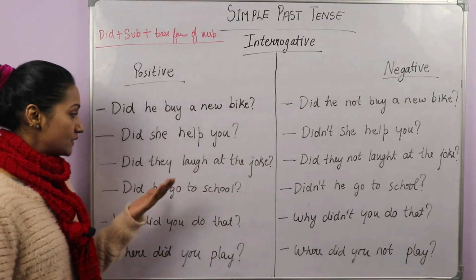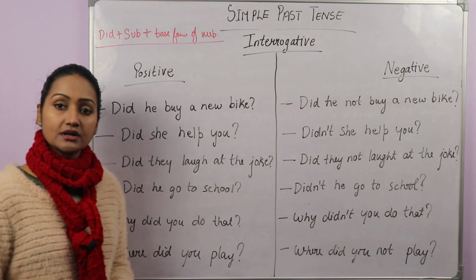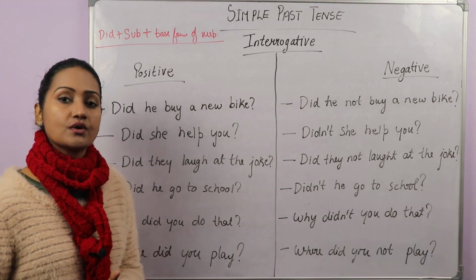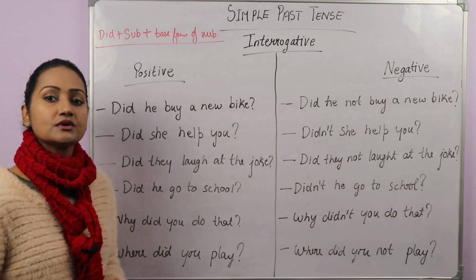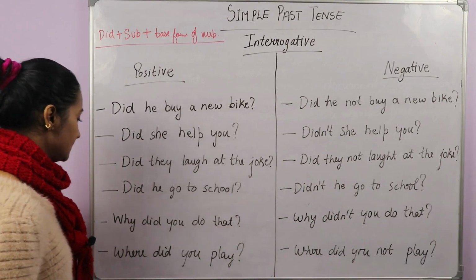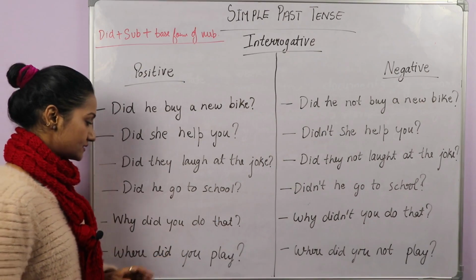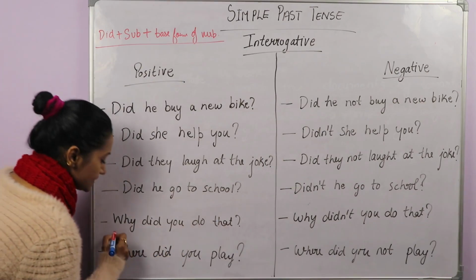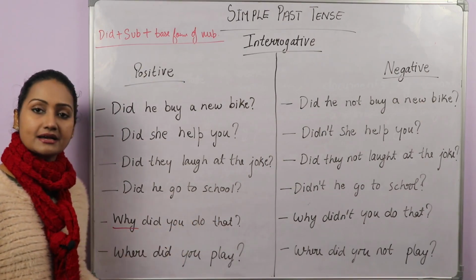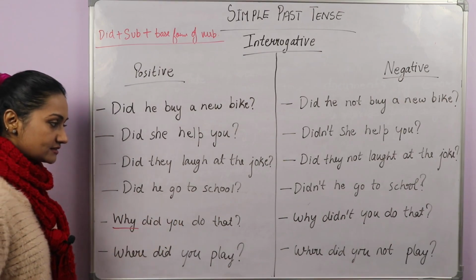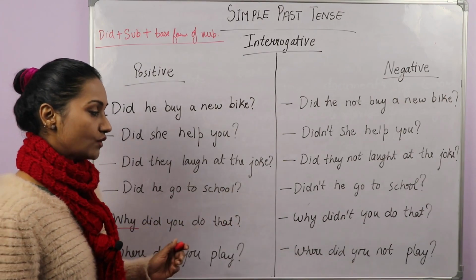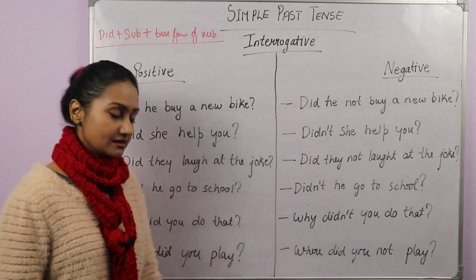You can frame these questions with question words also. I have made a separate video on question words, but just to give you a little idea about it, I have made two sentences. Why did you do that? Okay, first the question word and then the question will come as it is. Why did you do that? Why didn't you do that? Or why did you not do that?